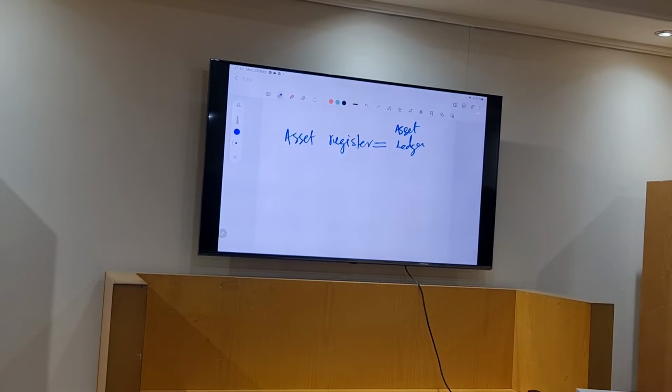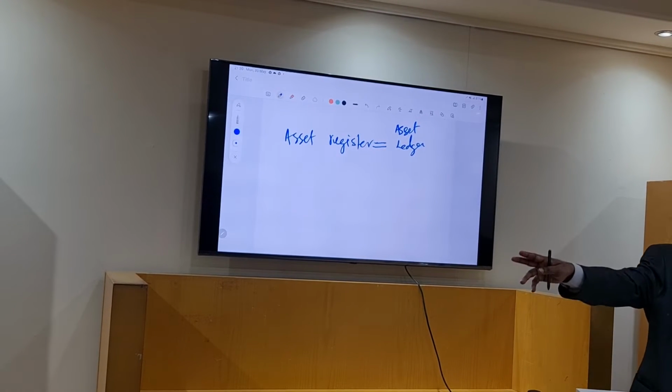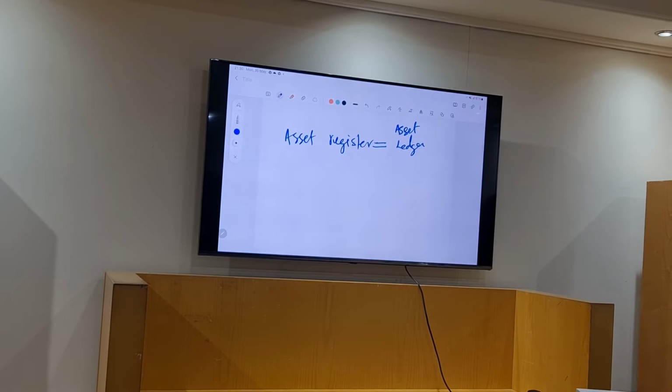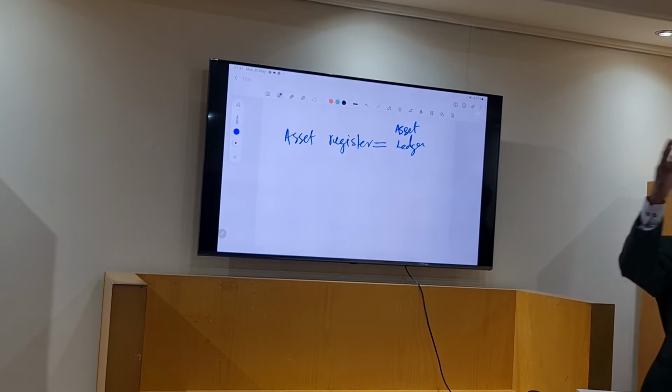What is the total cost? That I can put in the ledger, but I can also record it here. And then number of years of life, per year depreciation, accumulated depreciation. If at all I sell that, then the date of disposal, the proceeds of disposal, profit or loss on disposal.